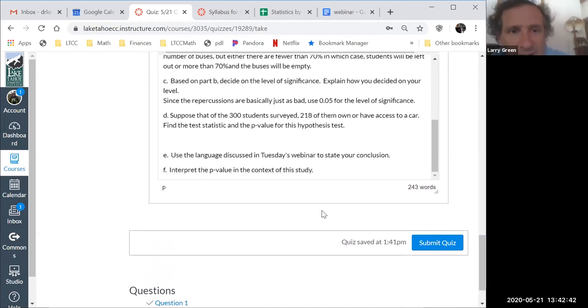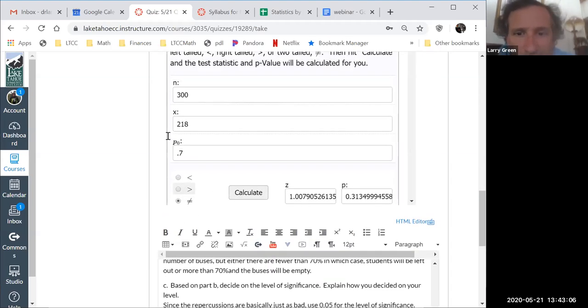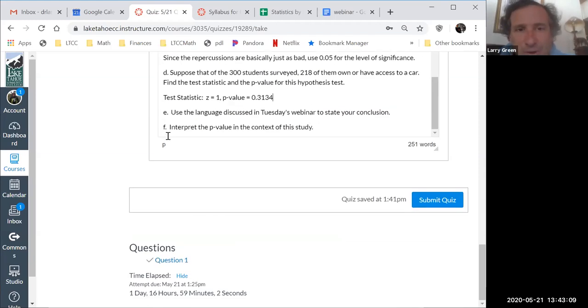So the test statistic Z is equal to basically 1, and the p-value is equal to 0.3135. Any questions on using the calculator?